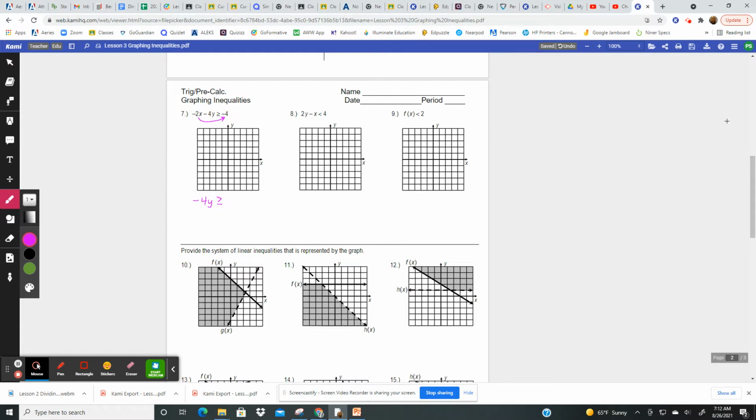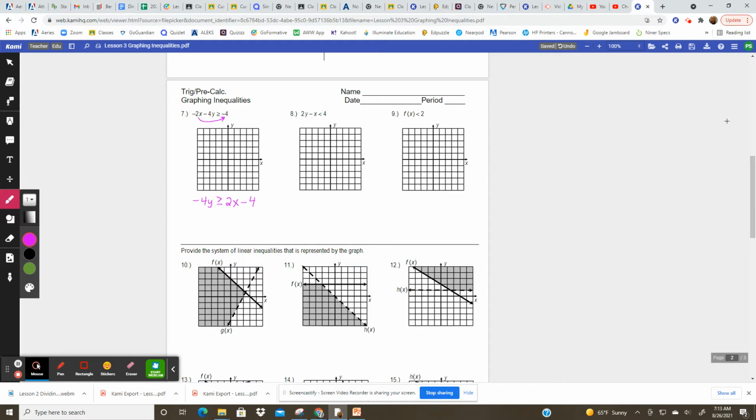And when I bring this over, it becomes a positive 2x. And then I still have this minus 4. I need to get rid of this negative 4.